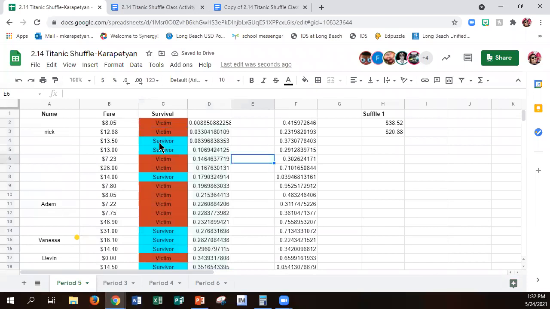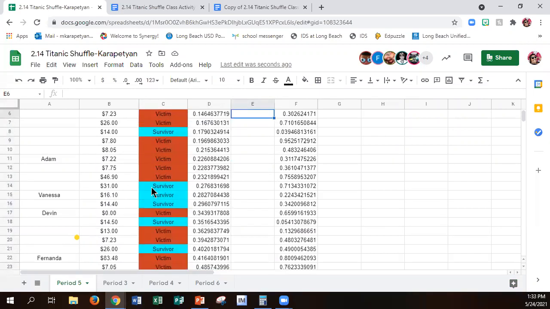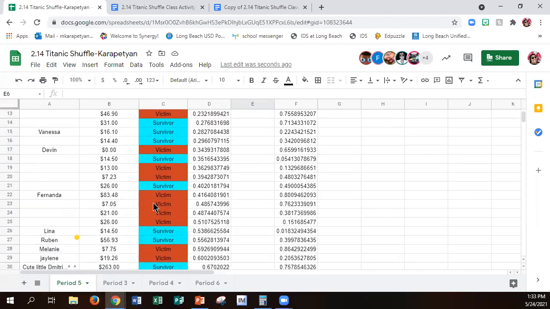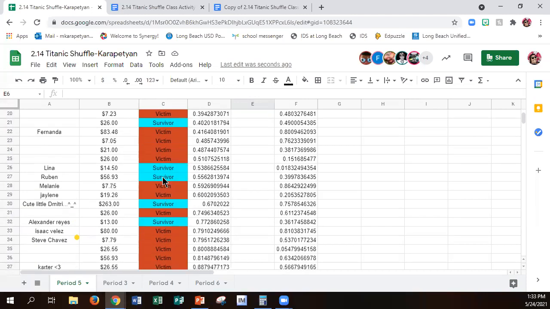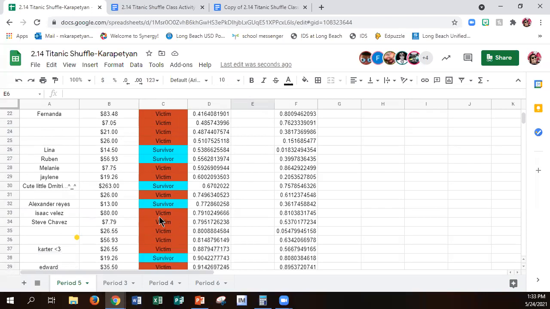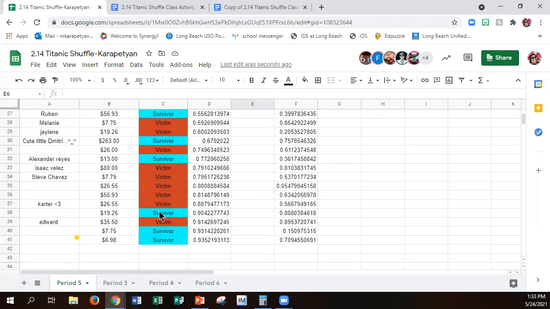So we have no-name survivors here for the second one. Let's see. Vanessa, you survived now. Devin, still a survivor. Wait, no, Devin, you died. Devin's dead. Fernanda's dead too. Lena and Ruben survived. Right on. Mel and Jaylene, you went kaput. Dimitri still survived. Look at that. Okay, Alex, you survived. Okay, good, good, good. Isaac and Steve, sorry guys, you went kaput. And then Edward died too.